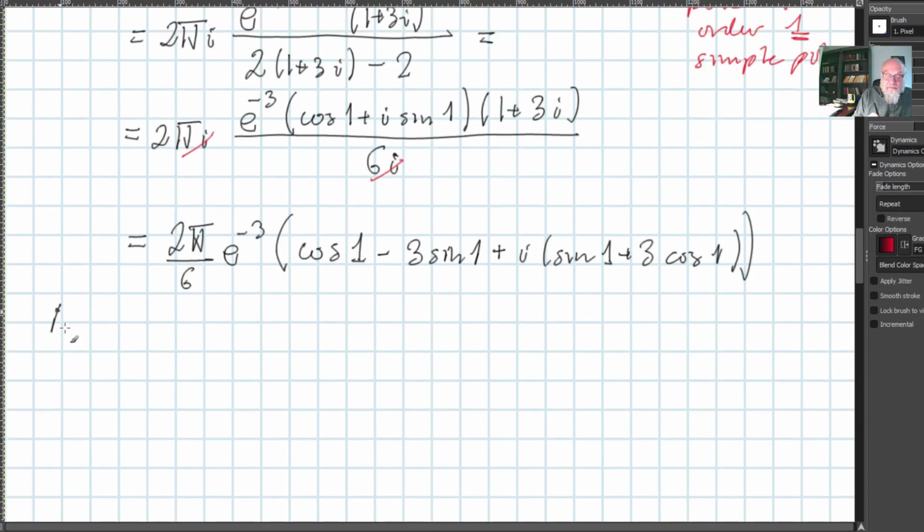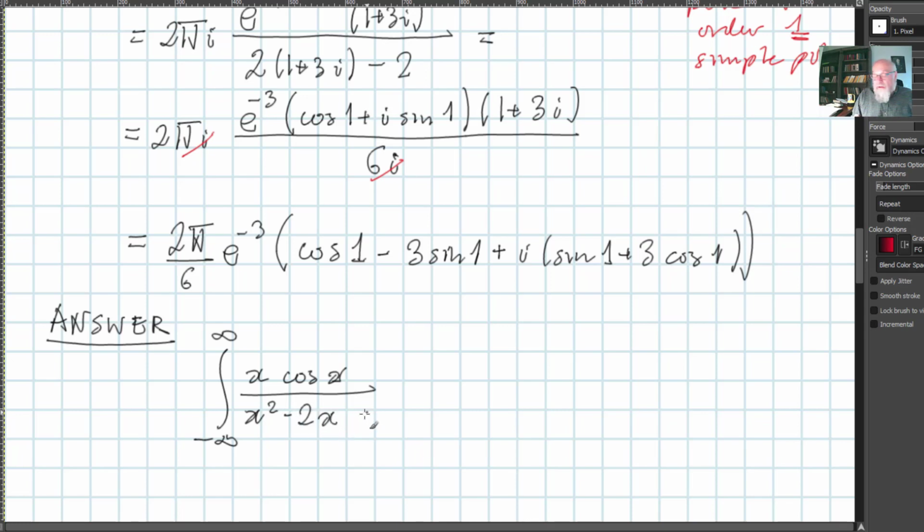Close it, and we can write the answer. The first integral from minus infinity to infinity of x cosine x divided by x squared minus 2x plus 10 dx is equal to the real part, so this is pi over 3 e to the power 3 multiplied by cosine 1 minus 3 sine 1.